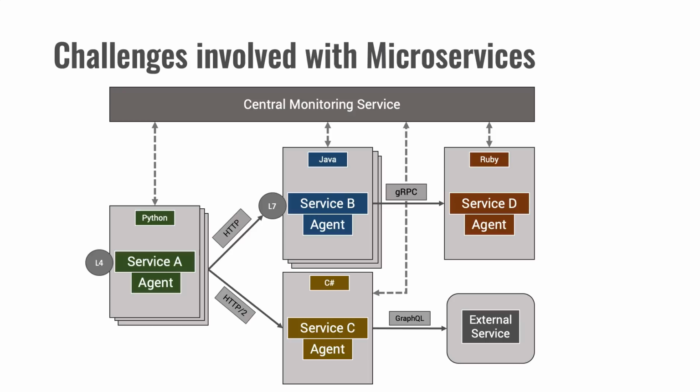So the way you can address some of this is to write an agent, and this agent is specific to the language that you have chosen for your microservice. For example, a microservice written in Python will have to have an agent written in Python, and same is the case with rest of the microservices.